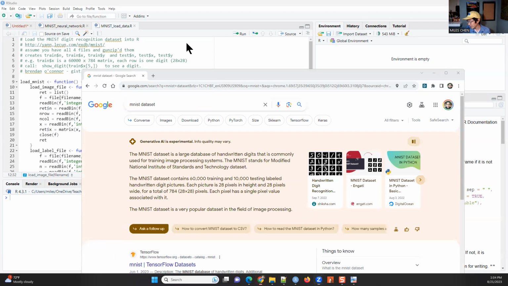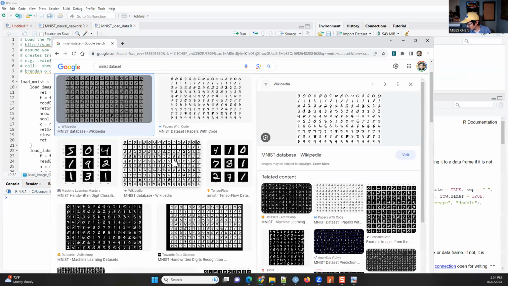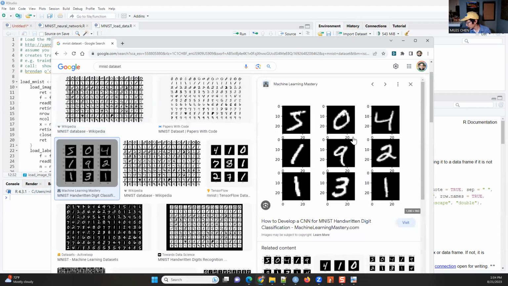All right, and so the MNIST data set, let me show you pictures. This is basically what it looks like here. Let me zoom in. One of the earliest applications was for sorting mail. You write an address on an envelope and you put it in, and then the post office receives it.